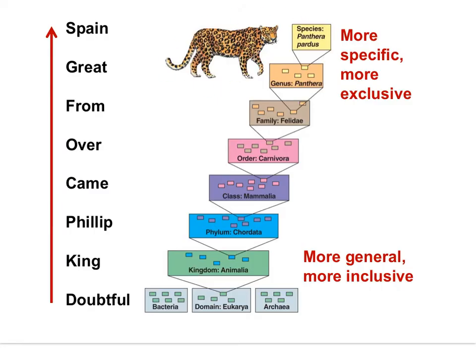The leopard, Panthera pardus, is derived from the Eukarya domain, the animal kingdom, the phylum Chordata, class Mammalia, order Carnivora, family Felidae, genus Panthera. Panthera pardus, binomial nomenclature.